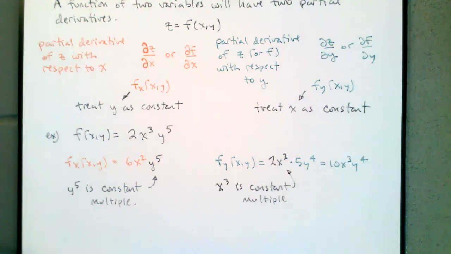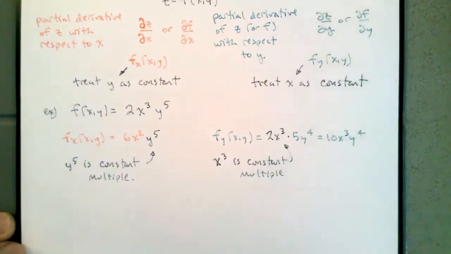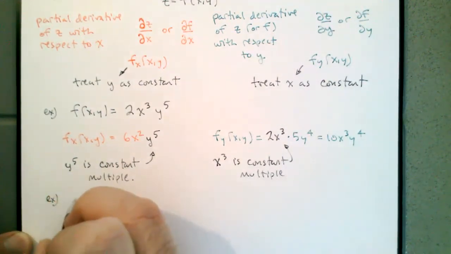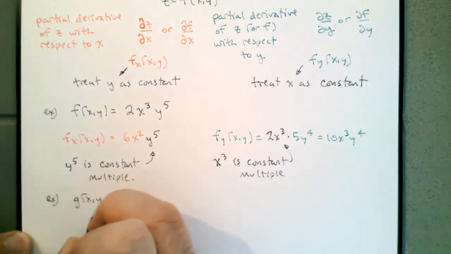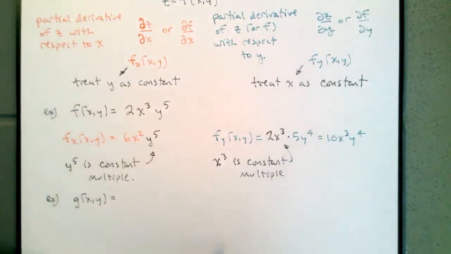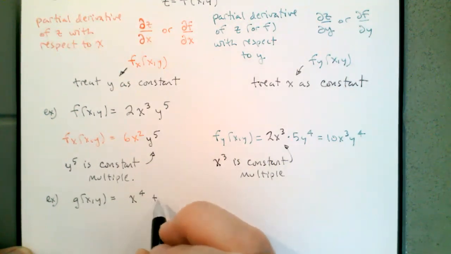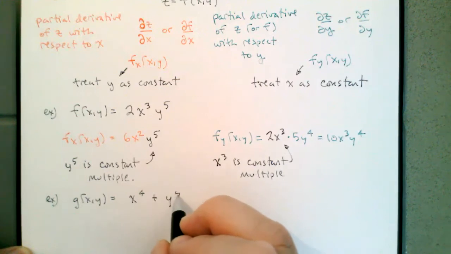The important thing now is what this is going to turn into is a reading exercise. We're going to have to be able to read what's going on in a function and separate out what's constant and what's not constant. So if I look at another function, say g of xy, let's suppose g of xy is x to the fourth plus y to the fifth.